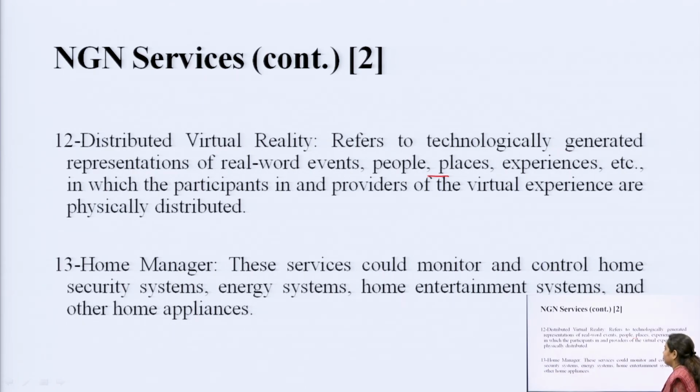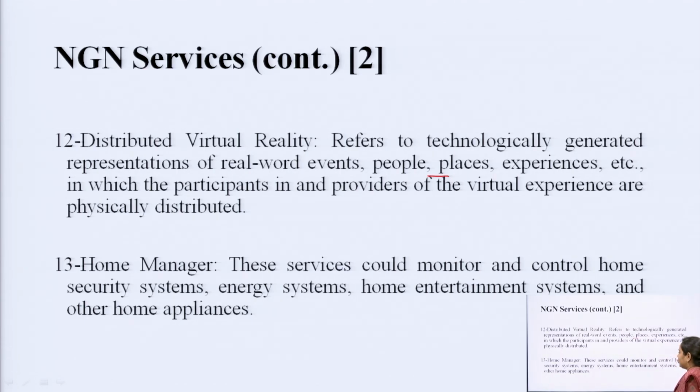Virtual reality is a very broad area, which means that whatever is present in the real world, you can access virtually using this type of technology, for example in a game zone, in different types of games in which the person is not physically present, but the place is visible like virtual reality to the person playing that game.